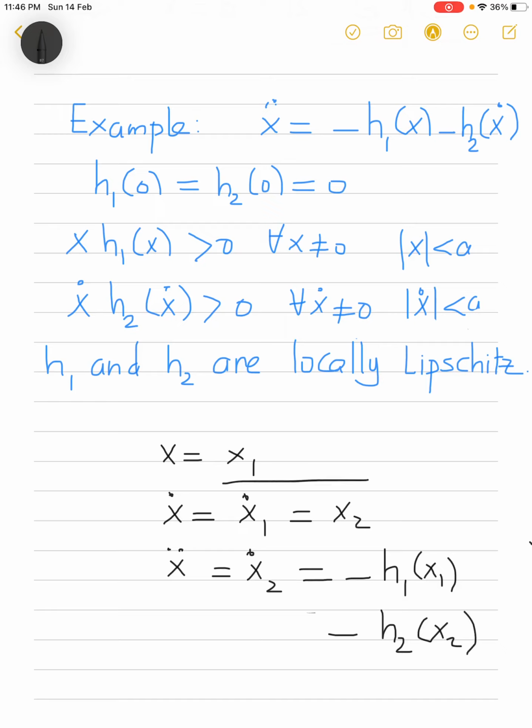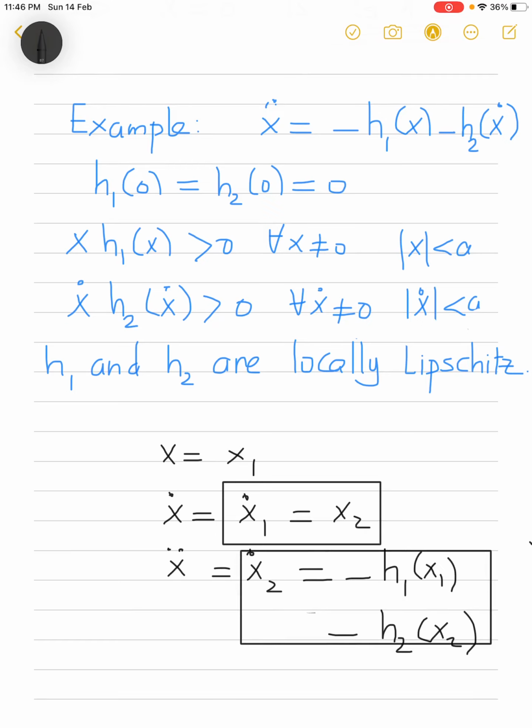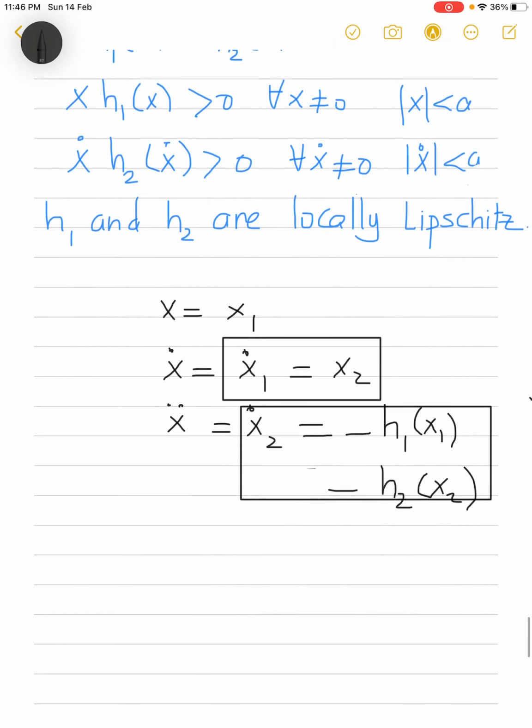So we have here, this is the first equation, and this is the second equation. Now the equilibrium point can be shown to be at the origin.